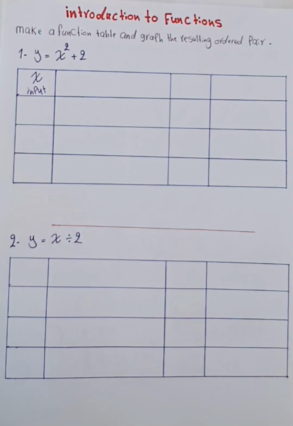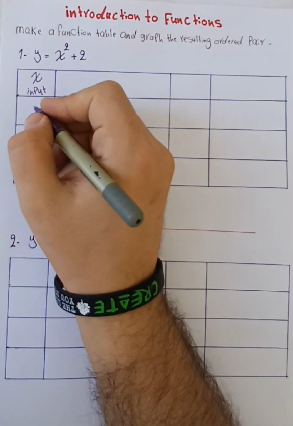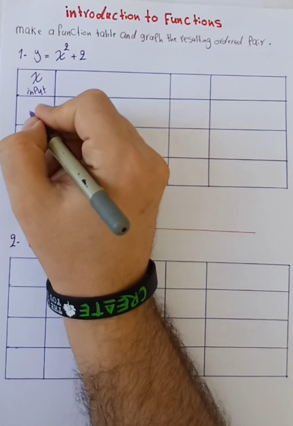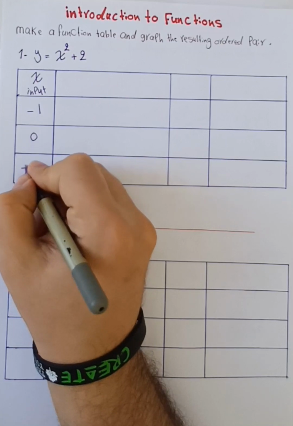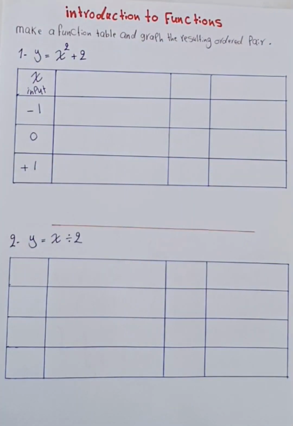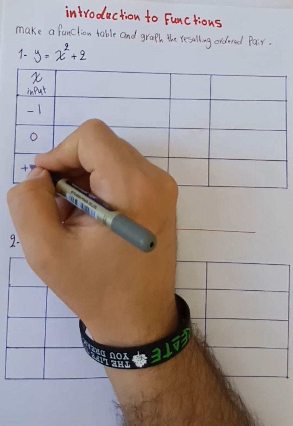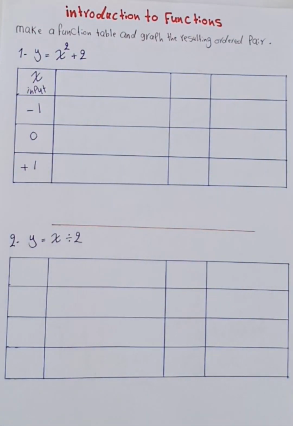And then for the value for x, we can always take -1, 0 and +1. You can take more points for input, but 3 integer numbers like -1, 0 and +1 is enough.